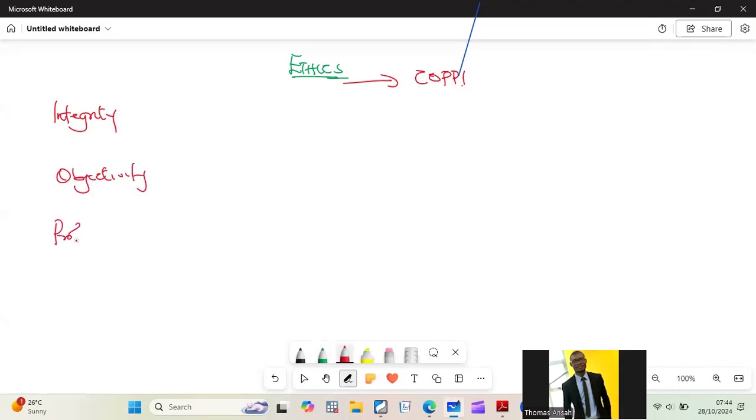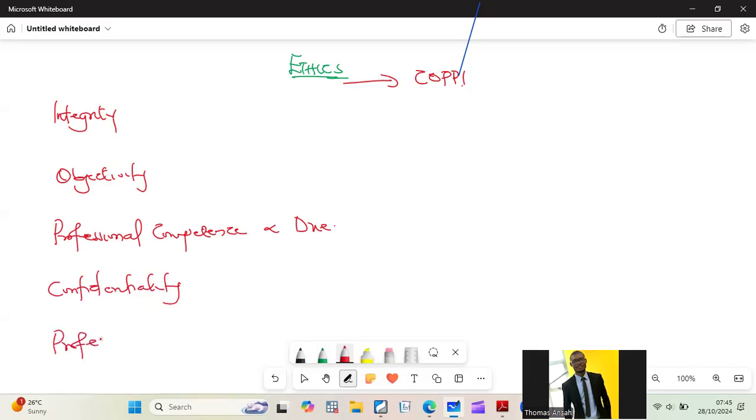P, the first P, for professional competence and due care. C for confidentiality. Then the last P for professional behavior.